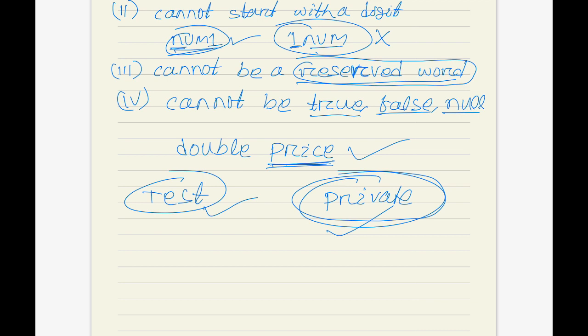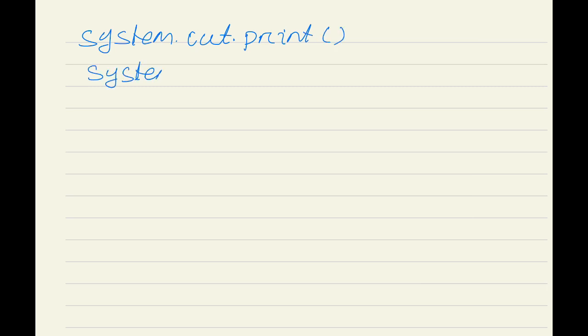We have discussed about the identifiers. We have also discussed with the help of the programs that if we want to print any text or display text on the monitor, then we can use system.out.print subroutine, or we can use system.out.println subroutine.